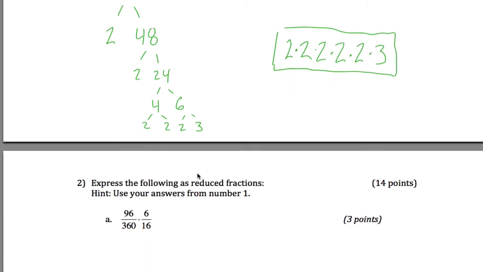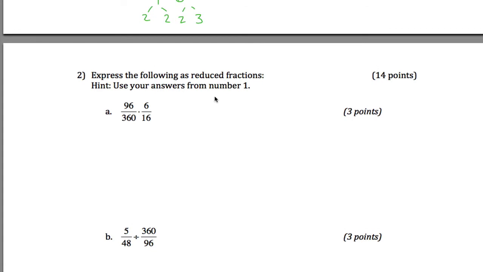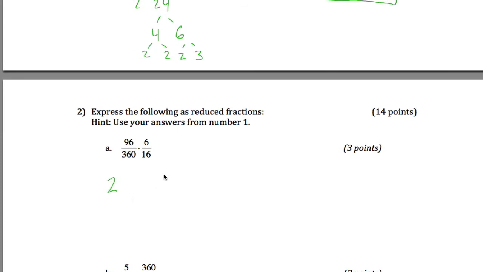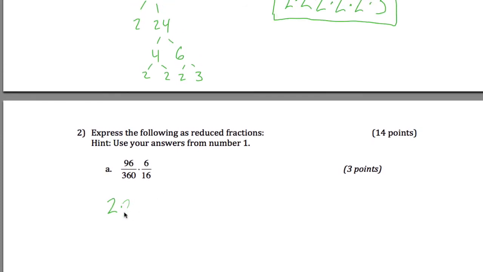And now what we want to do is express the following as reduced fractions using our answers from number 1. So 96 divided by 360. Well, 96 is, I just figured out, 5 of these 2's times 3.